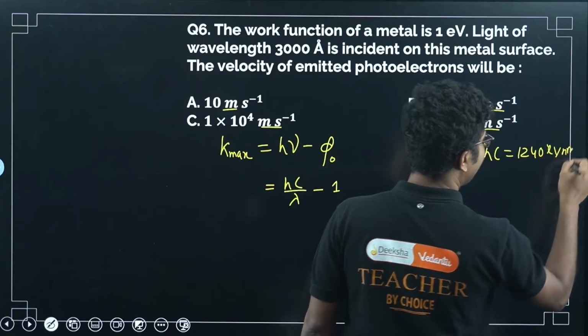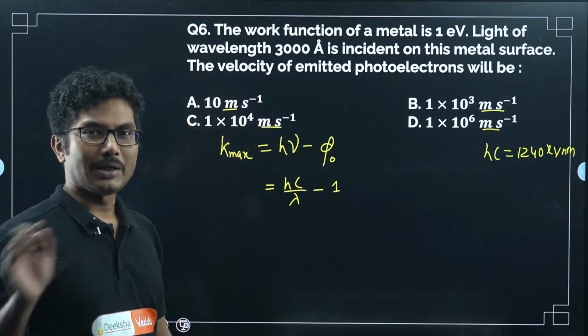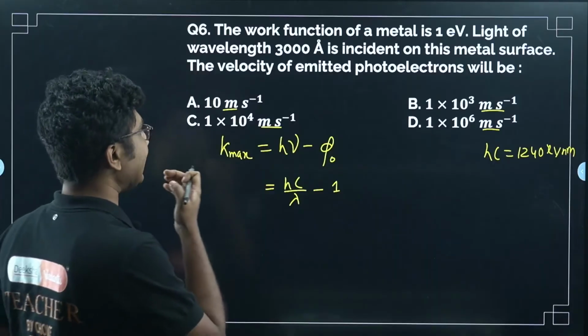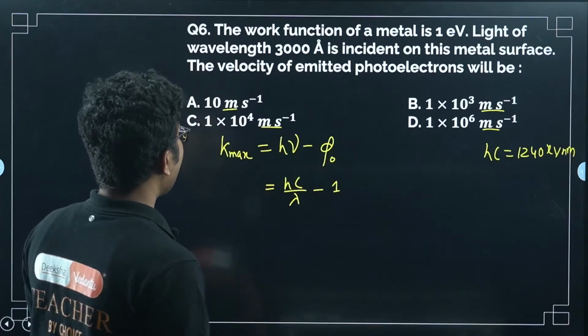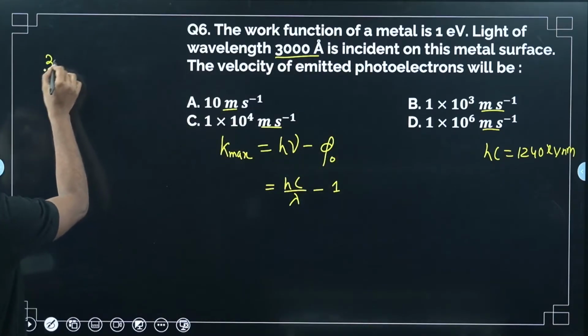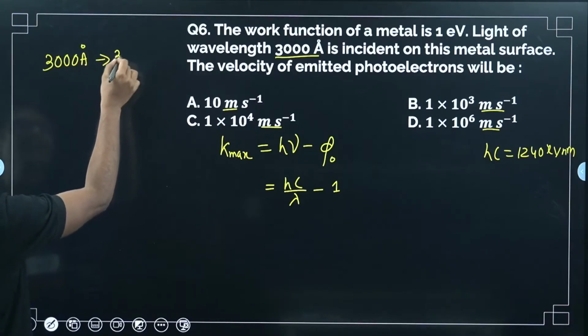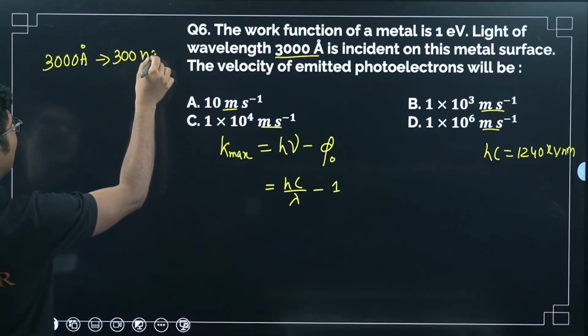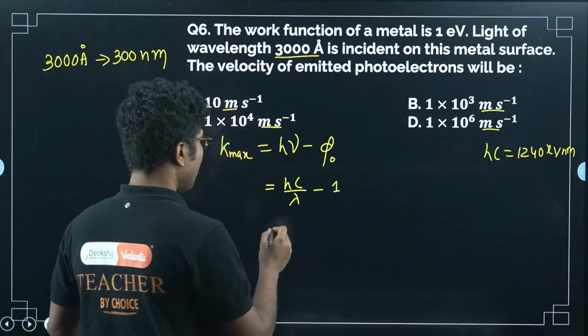If we can get any good relationship, then at the end we will just need to multiply 1.6 times 10 to the power minus 19, right? But for now let us use that value. Okay, but here wavelength is given 3000 angstrom. So 3000 angstrom equals 300 nanometer. So if you are using this value, you have to be careful. You have to put the correct value.